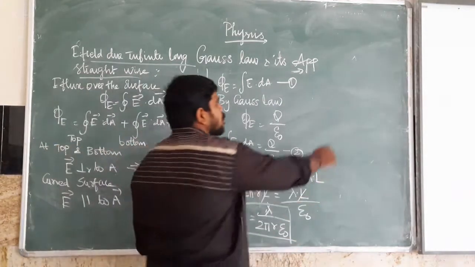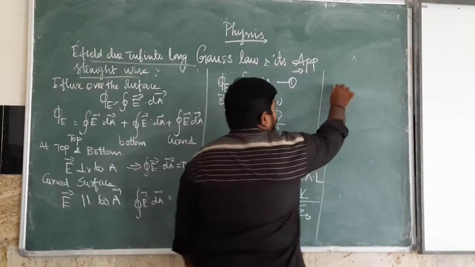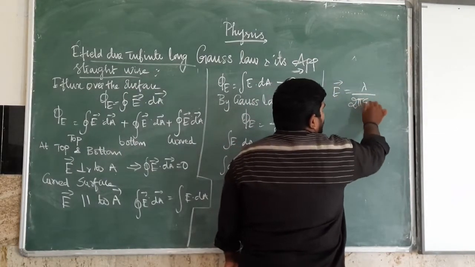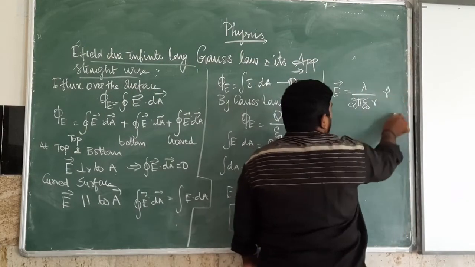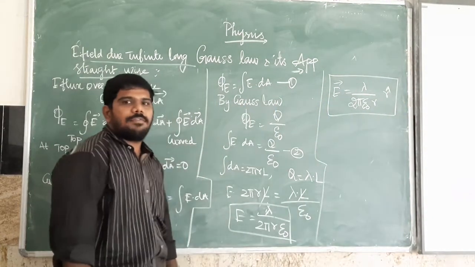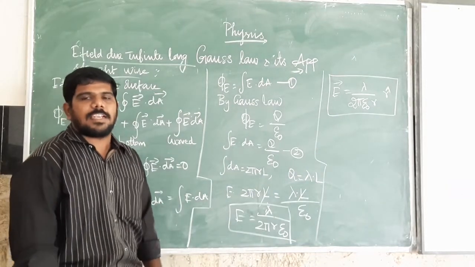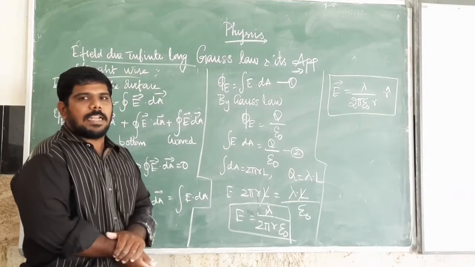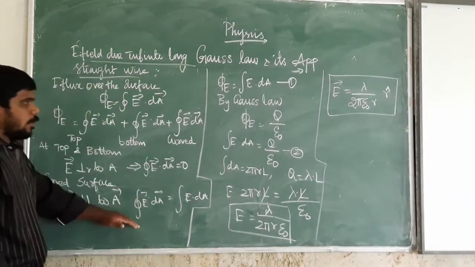If you write the vector form, E vector is equal to lambda by 2 pi epsilon 0 r times r cap. This is the expression for the electric field due to an infinitely long straight wire. Clear? So this much we learn.